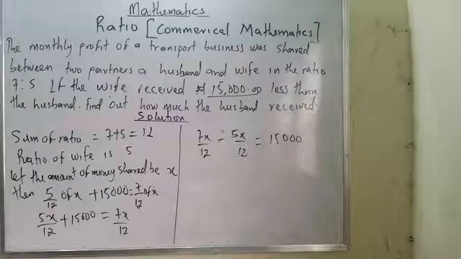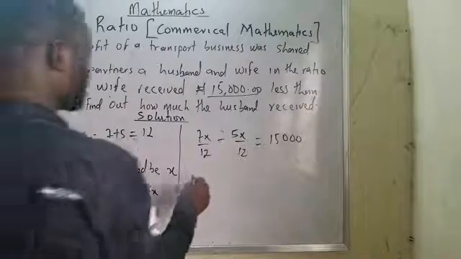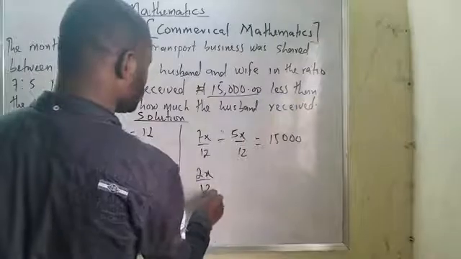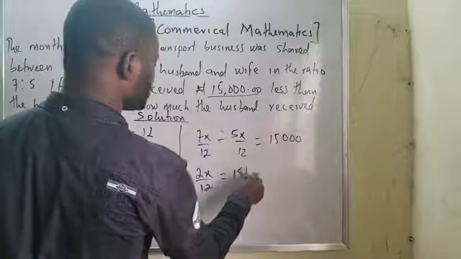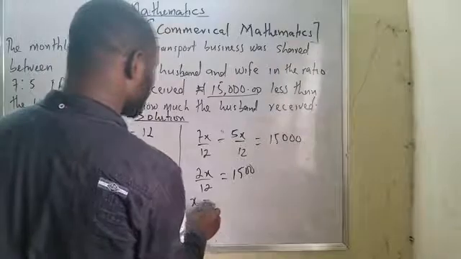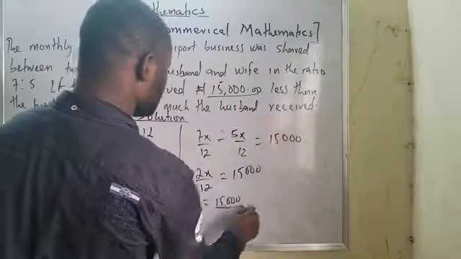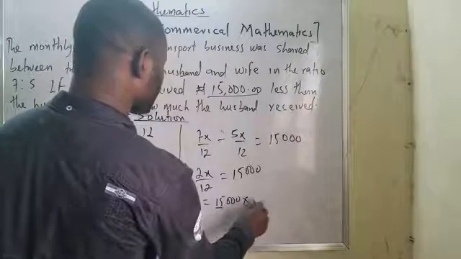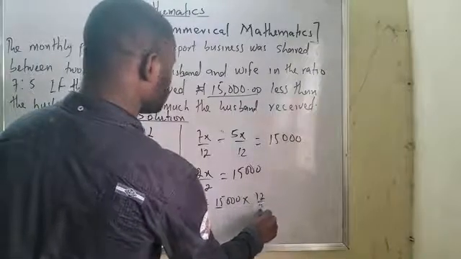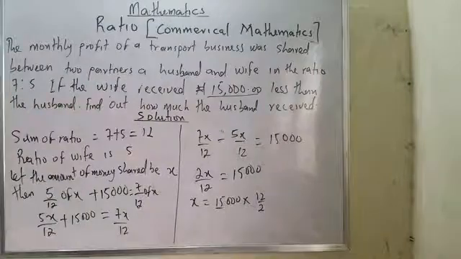Now, since I have that, we have 2x over 12 equals 15,000. Now it means my x will be equals to 15,000 multiplied by 12 over 2. 15,000 multiplied by 12 over 2, which will be 90,000.